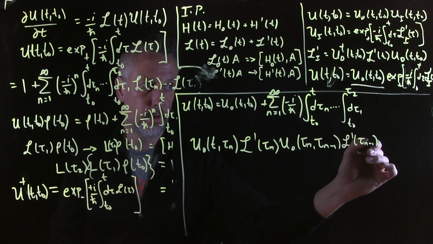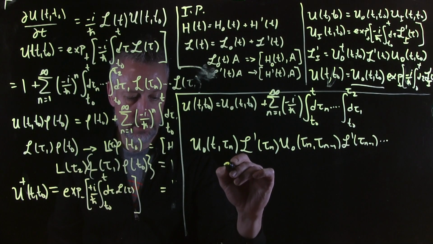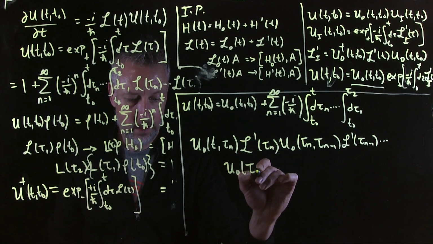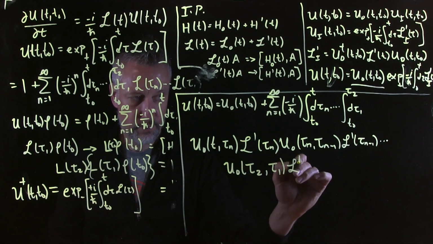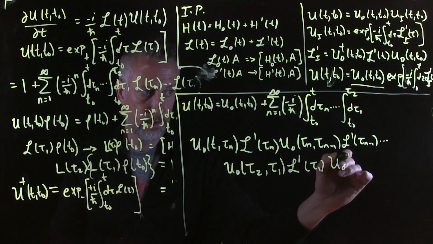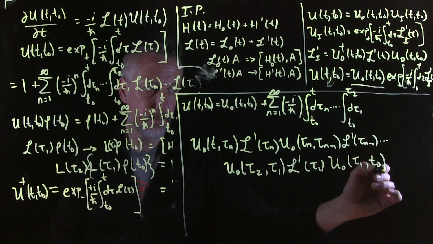Tau n minus 1, and so on, all the way down to the last couple terms. So U naught tau 2, tau 1, L primed tau 1, U naught tau 1, and t naught.